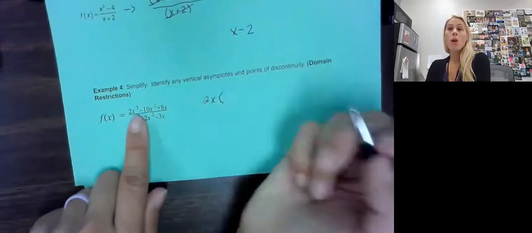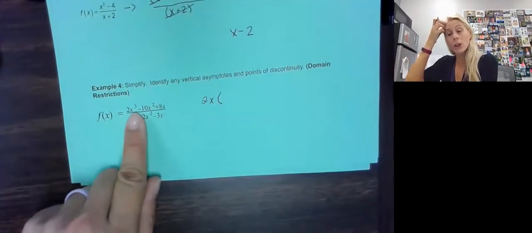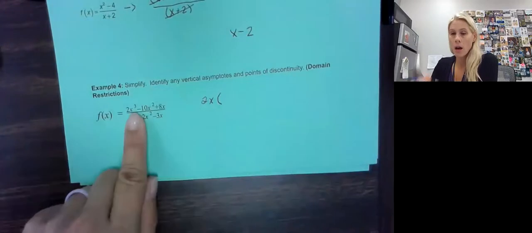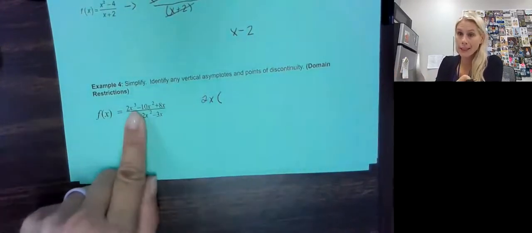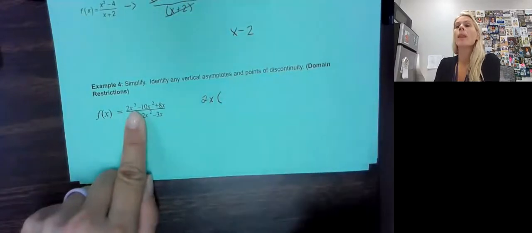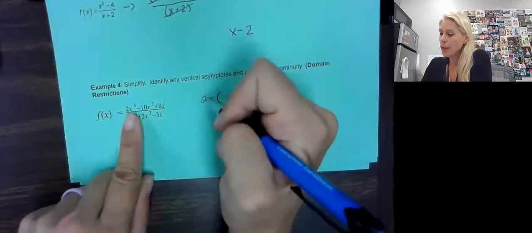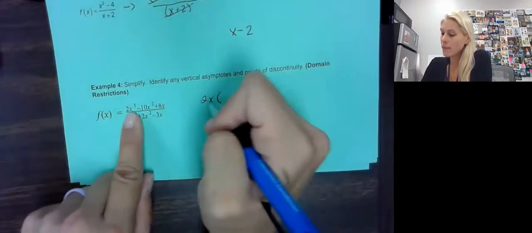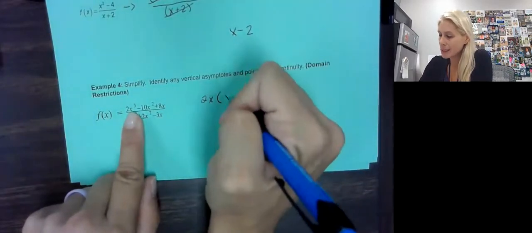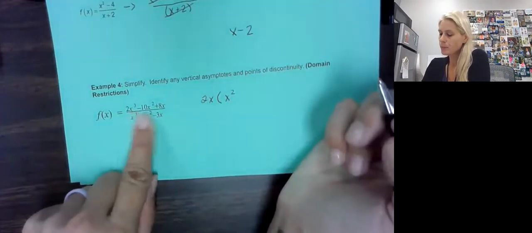Okay, so if you have to write on another sheet of paper or on the side how you're going to take that greatest common factor out, remember we divided each term by this. Do so. Use that space if you need to. So 2x cubed divided by 2x is x squared.